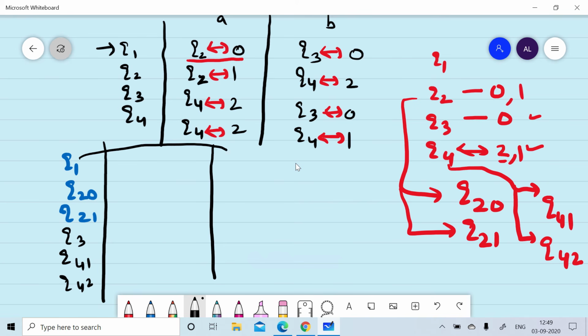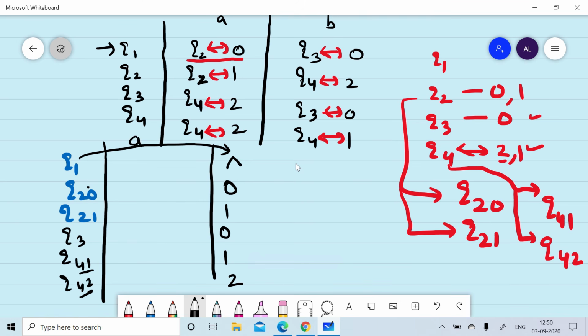With Q1, there is no output associated. With Q2 0, 0 output is associated. With Q2 1, 1 output is associated. With Q3, 0 output is associated. With Q4 1, 1 output is associated. With Q4 2, 2 output is associated. We will mention null for Q1 because there is no output associated with Q1.